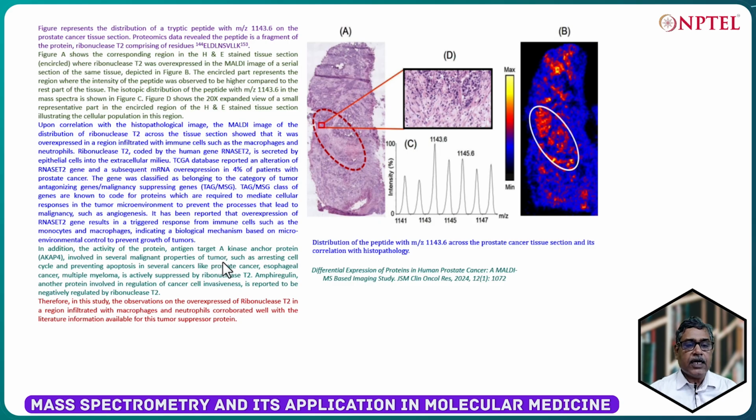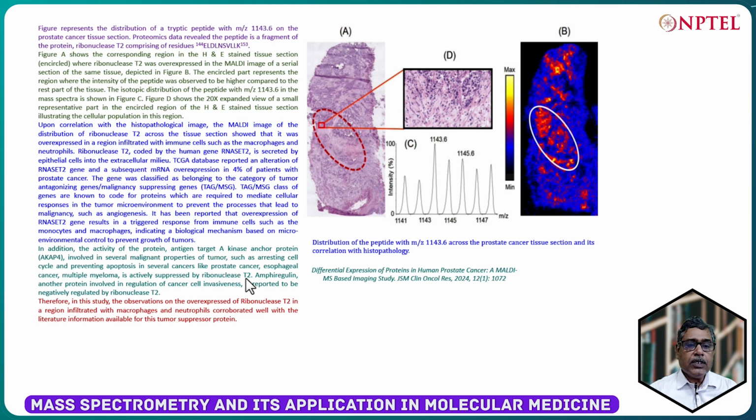What are those? Such as arresting the cell cycle and preventing apoptosis in several cancers like prostate cancer, esophageal cancer, multiple myeloma, and it is actively suppressed by ribonuclease T2.